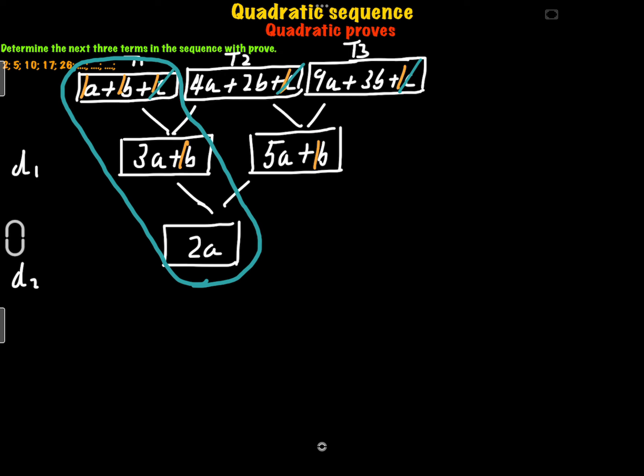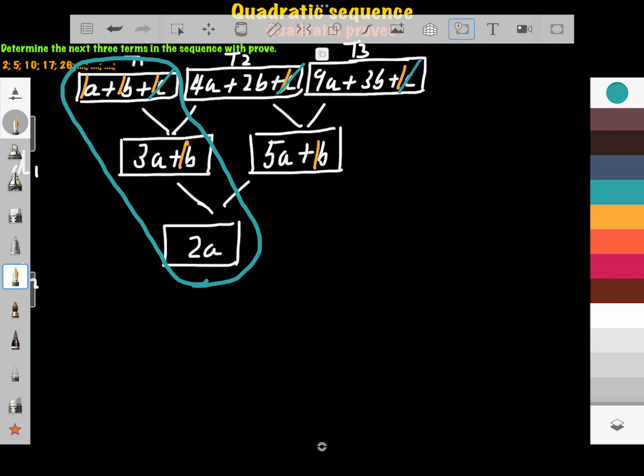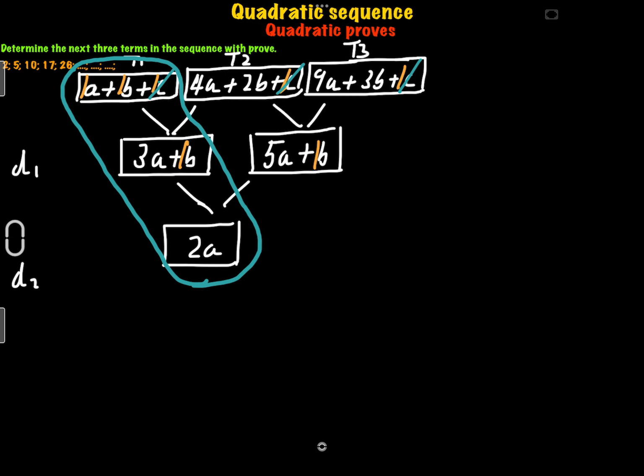It is of great importance to understand that one needs to also find the differences of the given sequence to be able to find the missing variables in this case. So what does this mean?